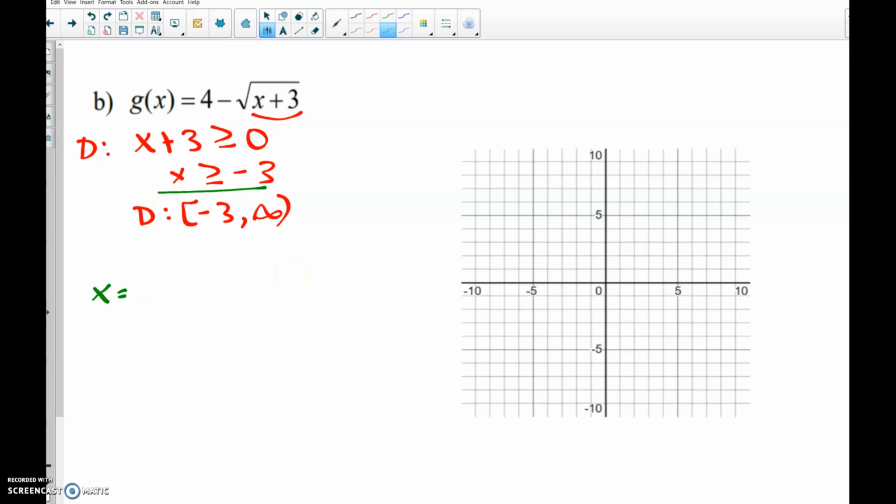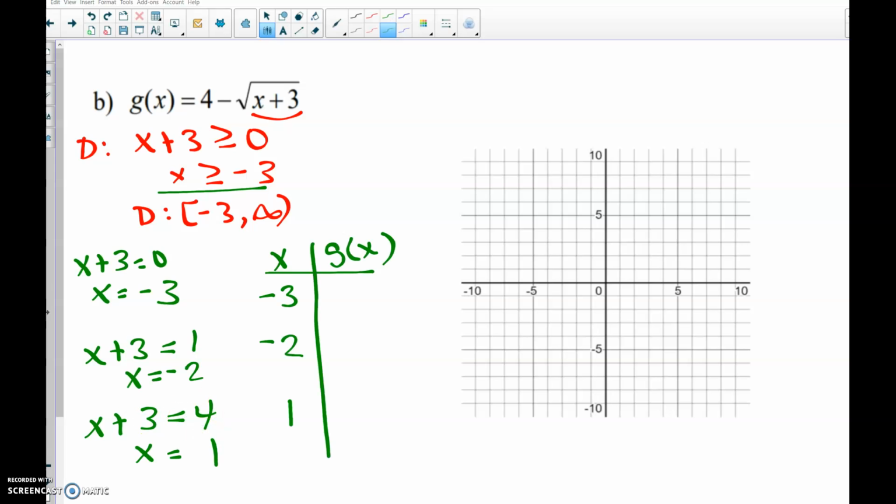So x equals negative 3 will be 1 point. We want x plus 3 to equal 1 and x plus 3 to equal 4. Our 3 x values we are using for our inputs are negative 3, negative 2, and 1. Those are the values that would make the x plus 3 equal to 0, 1, and 4.